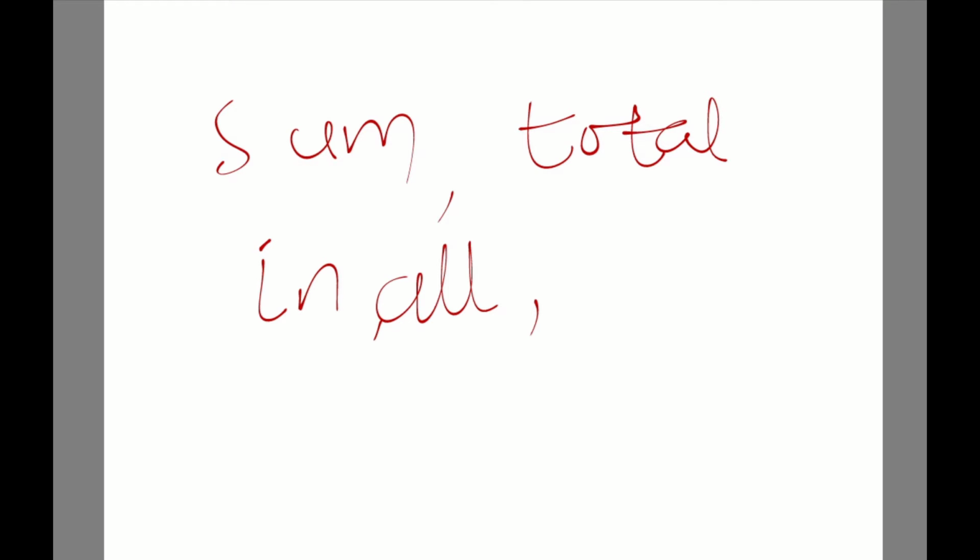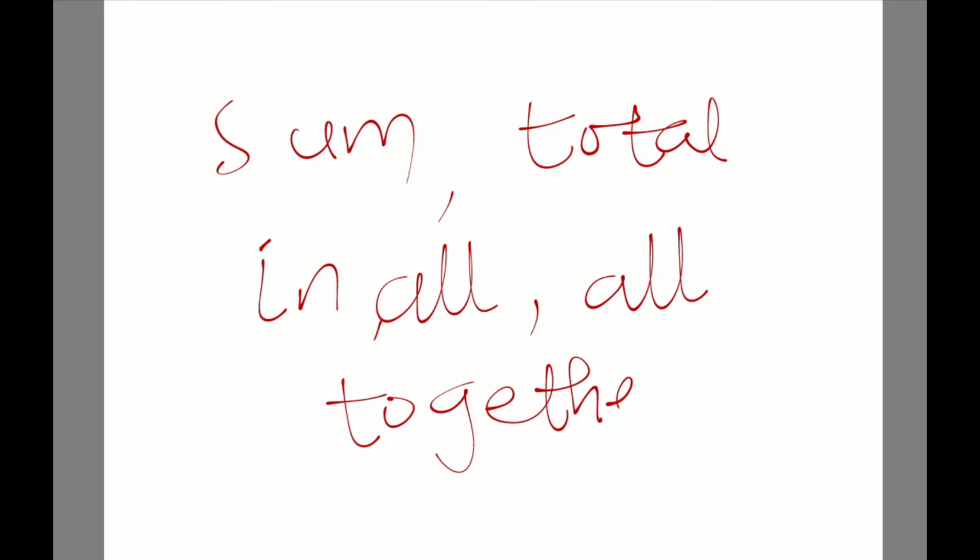You're also going to hear something like all together. Yes, so these are some of the keywords you are going to hear in a word problem involving additions. Let's solve some examples.